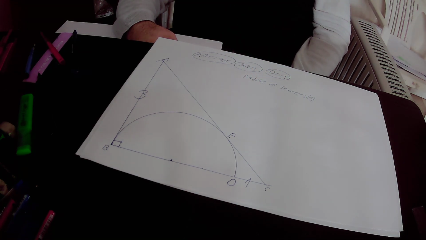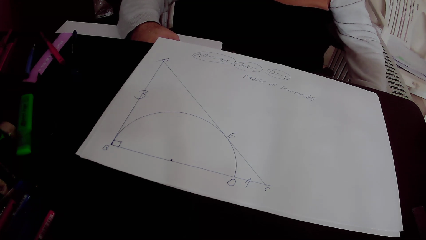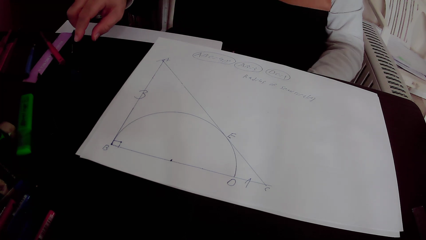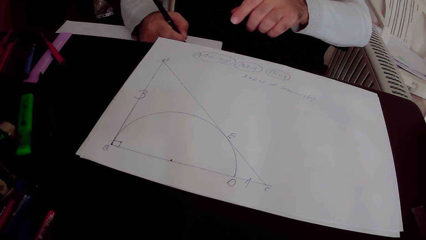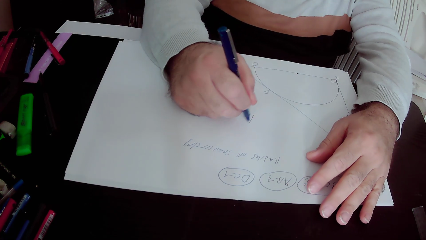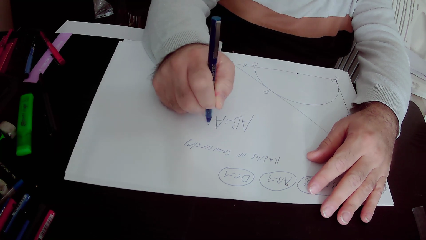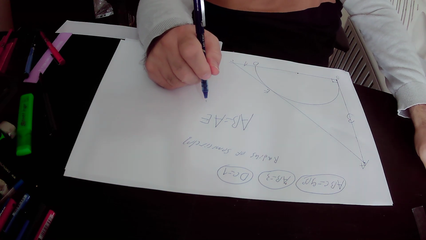So according to rule number 1, whenever you draw two tangents to a circle from a common external point, they are equal in their lengths. That is to say, AB is equal to AE, according to two tangents theorem or rule number 1.